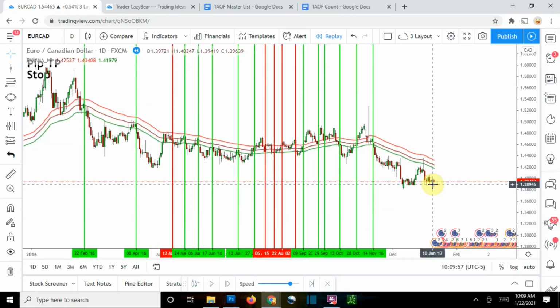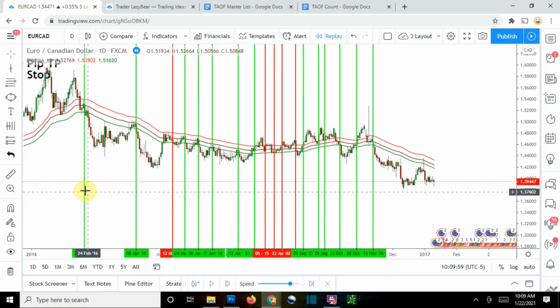So we have 18 trades all together, and we have 13 winning trades. And so all in all, that was a really decent indicator. That's going to go on the yes list, and we'll move on to the next indicator from here.